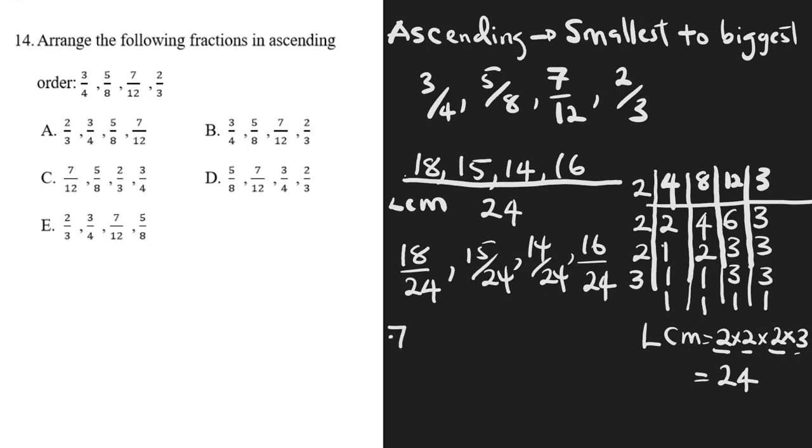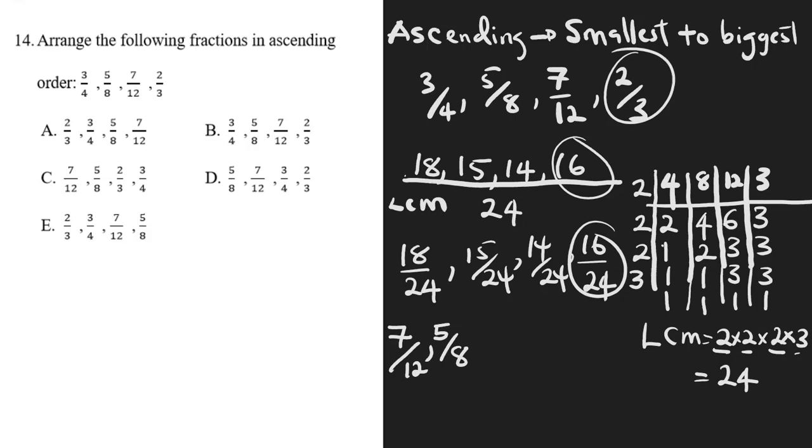So we're going to write 7 over 12, comma. Then after 14 is what? Is 15, which is for this fraction, 5 over 8. So the next one is 5 over 8. Then after 15, it is 16, which is for this fraction, 2 over 3.